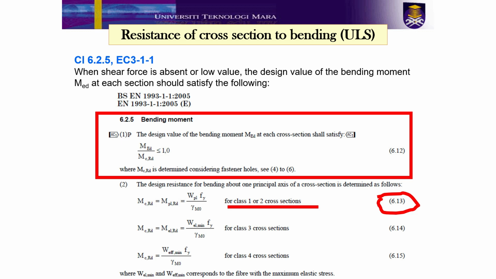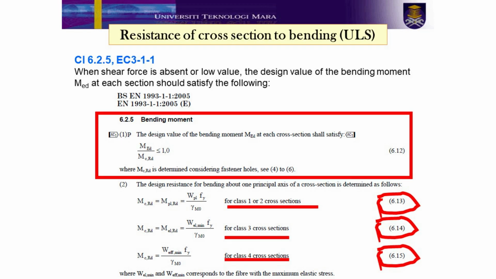As you can see, for class 1 and 2, the MCRD value can be calculated according to equation 6.13. Meanwhile, for class 3, the MCRD value can be calculated according to equation 6.14. Finally, for class 4 section, the MCRD can be calculated based on equation 6.15.